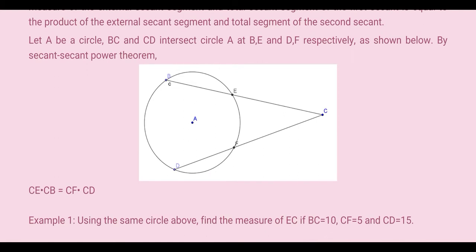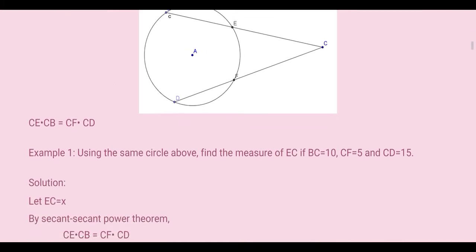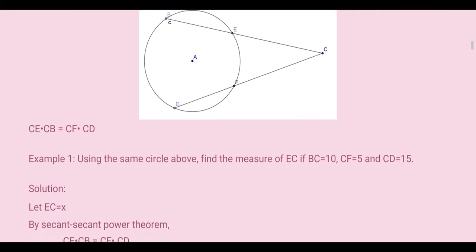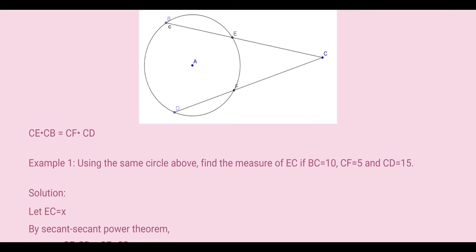Kung medyo naguguluhan pa rin, mas madali siya makita sa example. Example number 1, using the same circle above, find the measure of EC. Yung EC, yun yung external secant segment. Find the measure of EC if BC is equal to 10, CF is equal to 5, and CD is equal to 15.